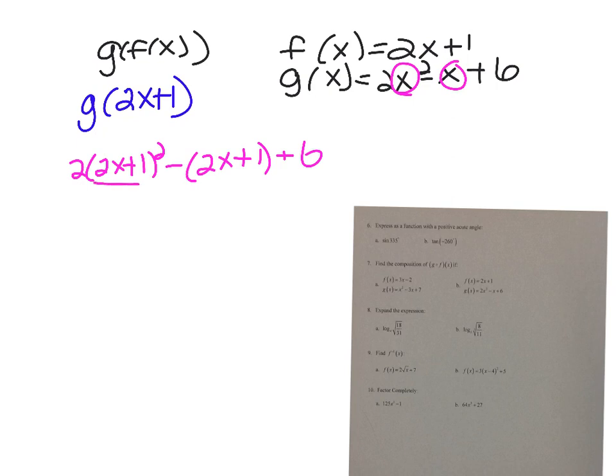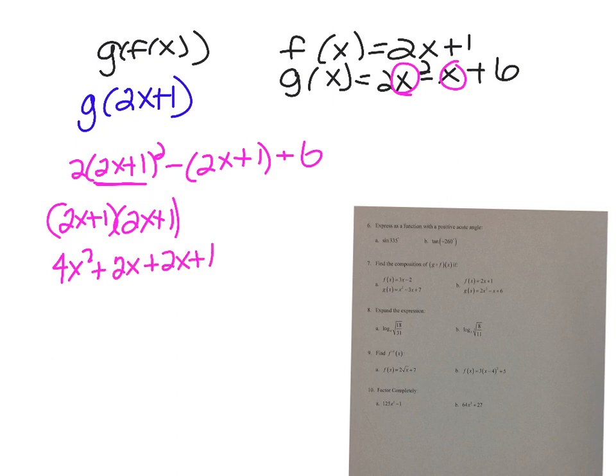All right, so let's start with the 2x plus 1 squared. So it's 2x plus 1 times 2x plus 1. That's 4x squared plus 2x plus 2x plus 1, so 4x squared plus 4x plus 1. And then I multiply by 2.